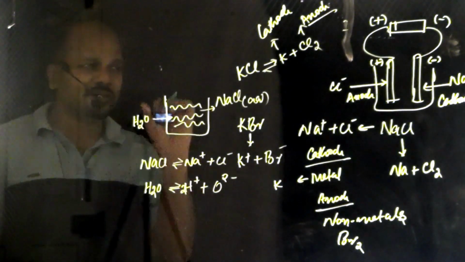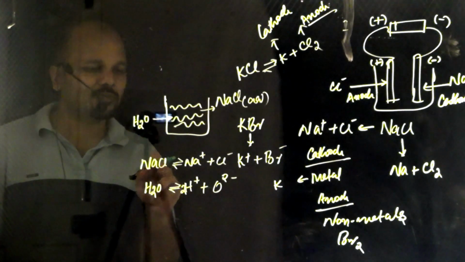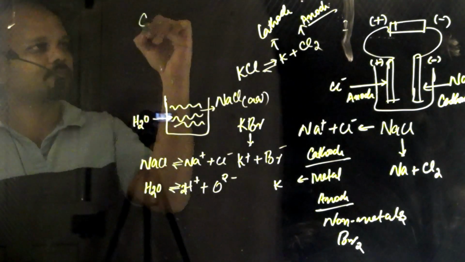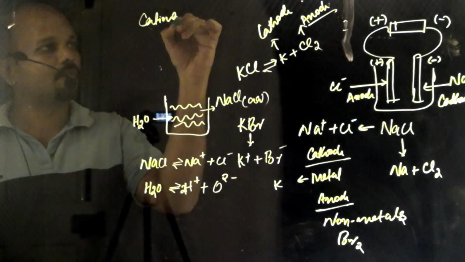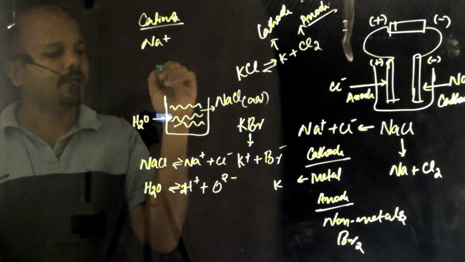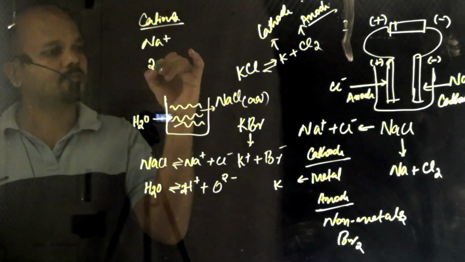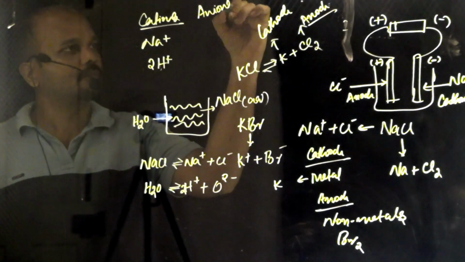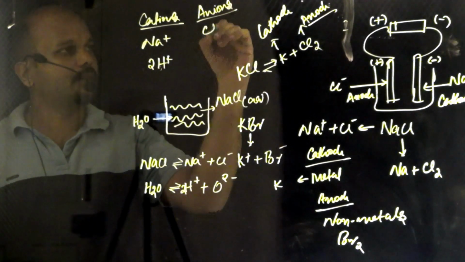Remember, in this situation there are two cations, Na plus and H plus. These are the cations. Cl minus and O2 minus are the anions.